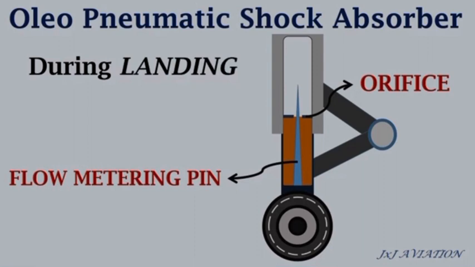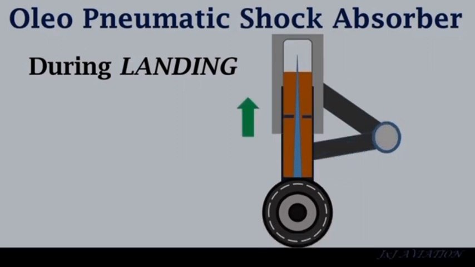So once the aircraft touches down on the runway, the piston is forced inside the cylinder. The metering pin, which drives inside the metering valve, restricts the flow of the hydraulic fluid from the downside to the upside, and besides, the compressed air at the top of the shock absorber or shock strut will absorb the shock.